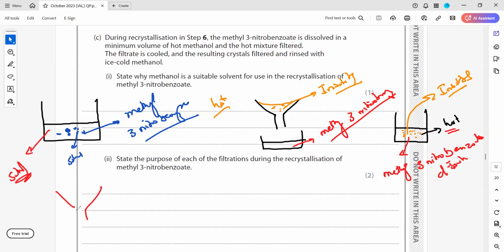On the filter paper we are left with methyl 3 nitrobenzoate, and what passes through the filter paper is the soluble impurities. So the main purpose of the hot filtration is to remove insoluble impurities, and to remove the soluble impurities, we use a cold filtration. Is it clear? Any doubt in this?